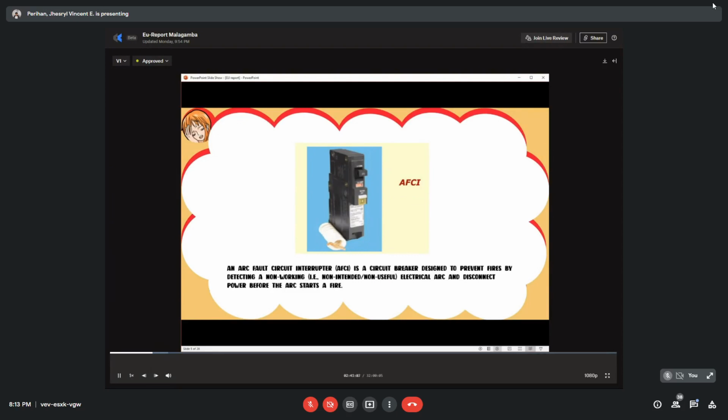So an arc fault circuit interrupter is a circuit breaker designed to prevent fires by detecting a non-working or non-intended or non-useful electrical arc and disconnect power before the arc starts a fire. So an arc fault circuit interrupter is really important to avoid this kind of situation.